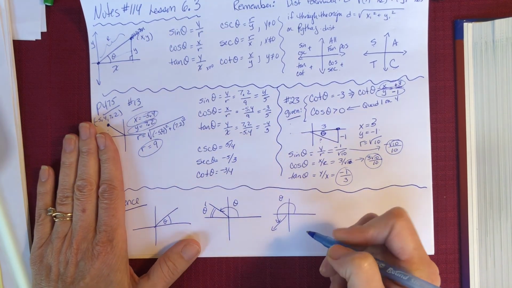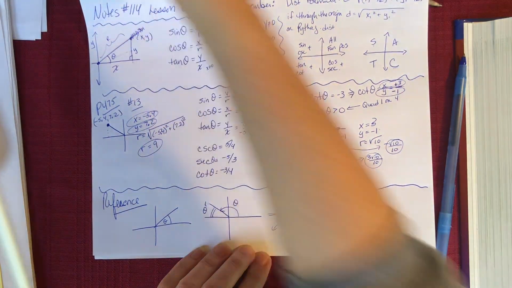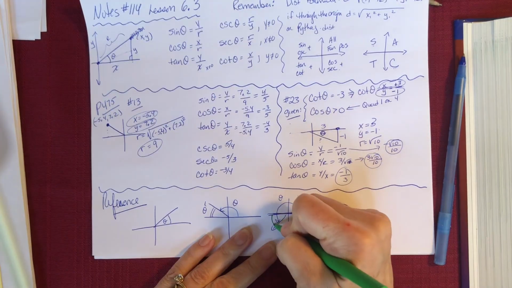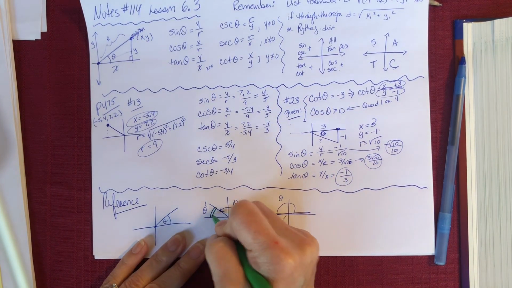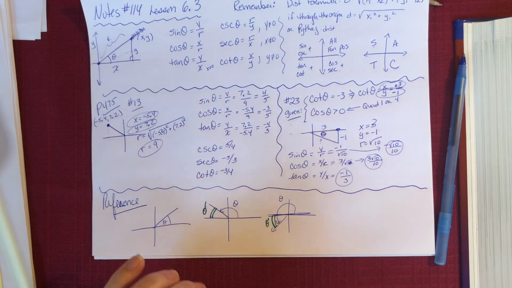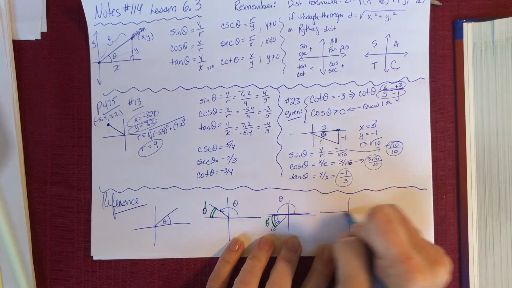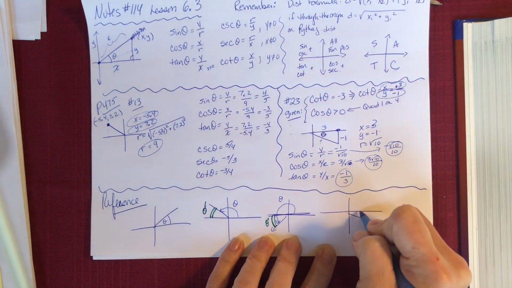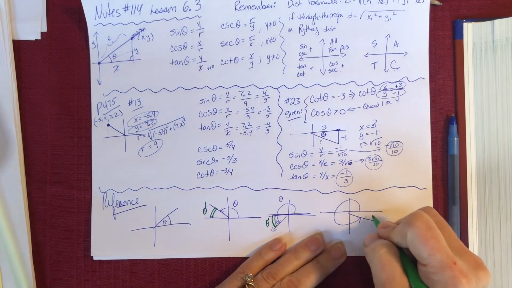What's going to be that angle that's going to help me? Well, it's the angle that it's setting up here with the x-axis. So this angle here, I'll make it green, is my theta prime. Okay. And then finally in my fourth quadrant, my angle would go all the way around to here. My reference angle is going to be right here.